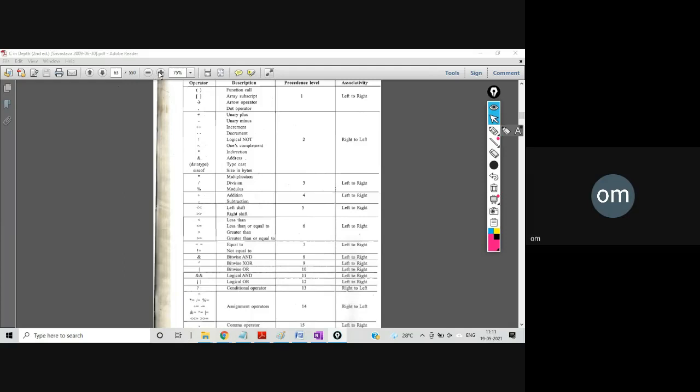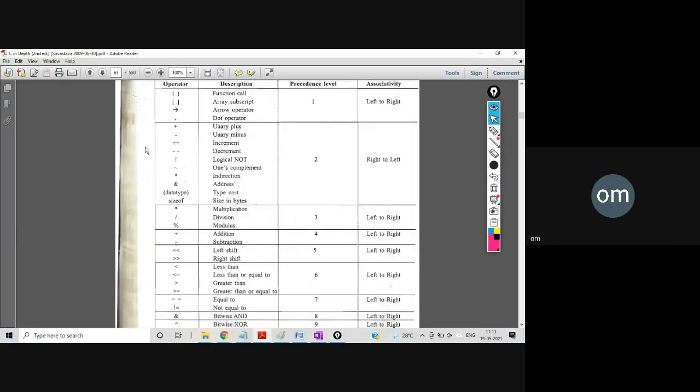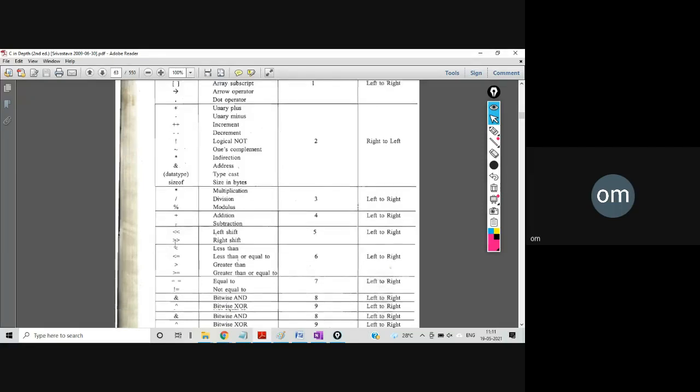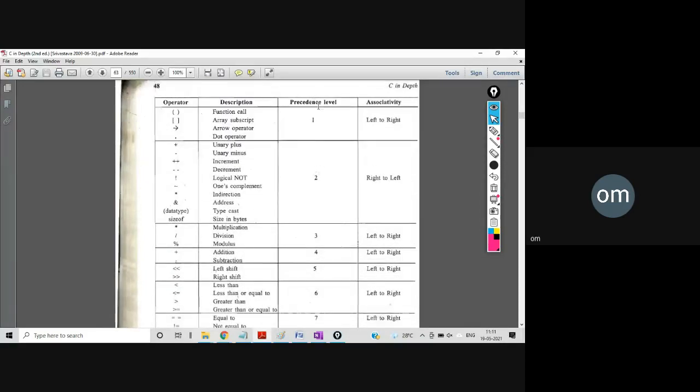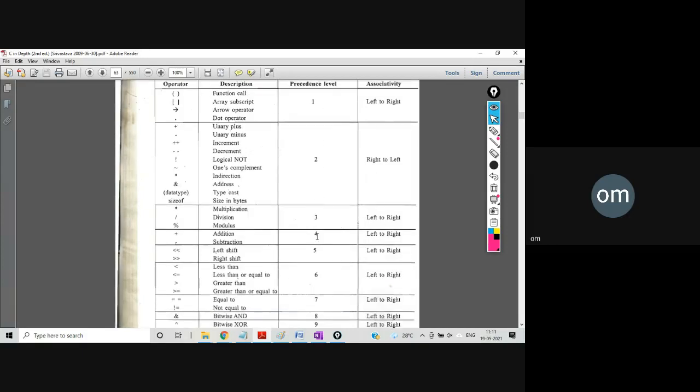I'll just increase it a little bit. To remember this, I think there are a total of 15 precedence levels. There is a numbering, and this is the precedence level column, 1, 2, then 3, 4, 5.